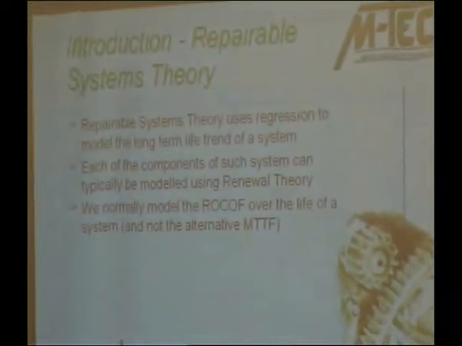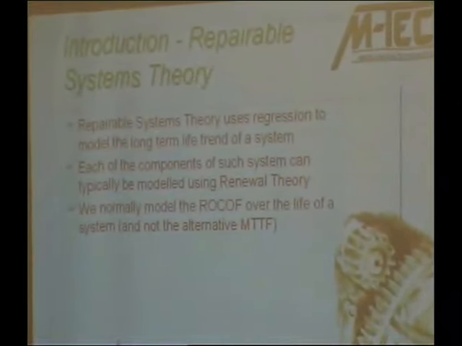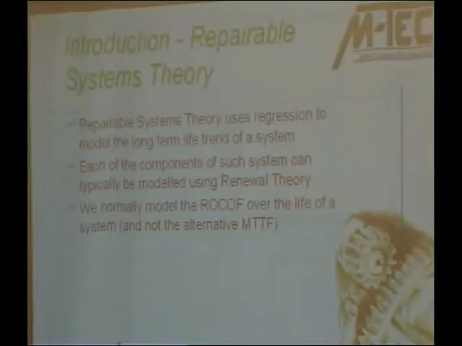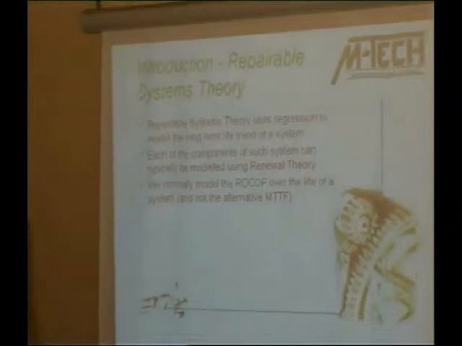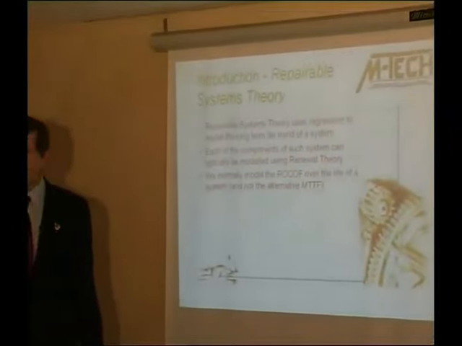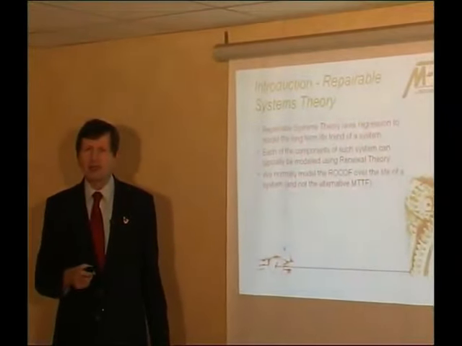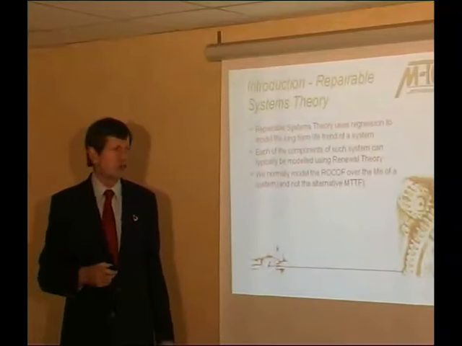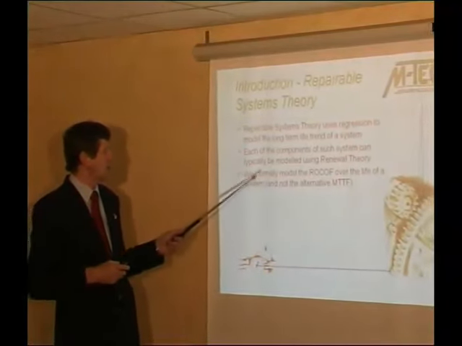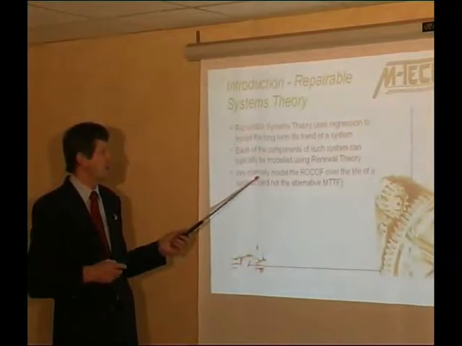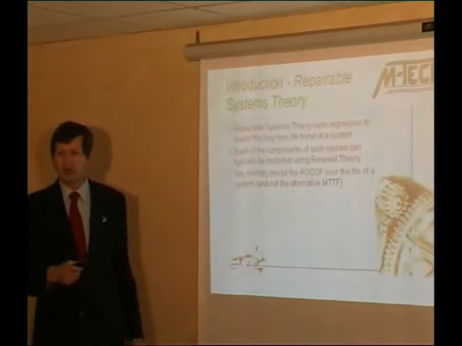Each of the components of such a system can typically, of course, be modeled using renewal theory. And in the use of the regression, we model the ROCOF over the life of a system, and not the alternative mean time to failure, which would also have been a possibility, but it has become convention to model the ROCOF.